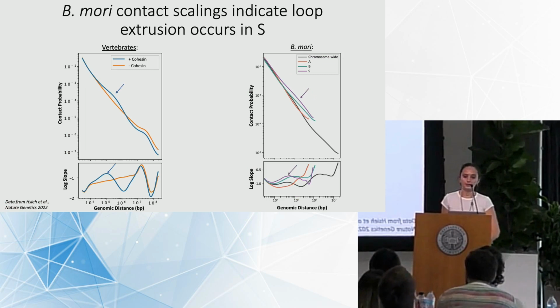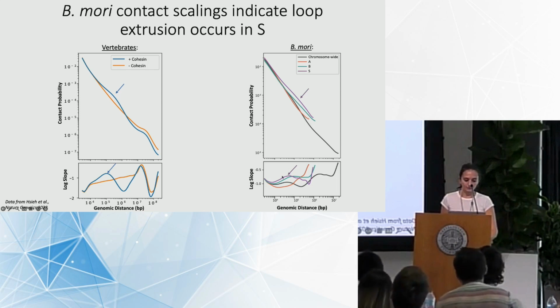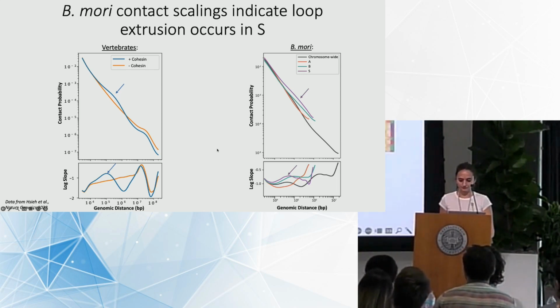And if we look at the contact scalings for Bombyx mori, which I've computed for each compartment type individually, you might be able to observe that in S, you also see a shoulder in this curve, which is evident over here on the derivative of the contact probability decay. And you can also see it in B chromatin, though it is more pronounced and leftward shifted for S.